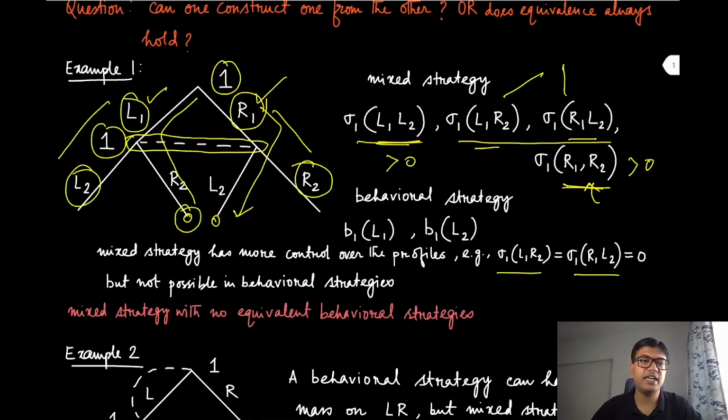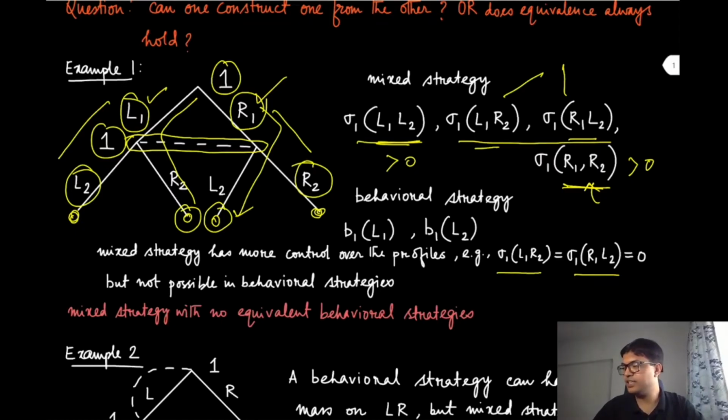You cannot really ensure that these two numbers become zero while these get positive masses, and that is the difference. So we cannot represent this kind of mixed strategy in the form of a behavioral strategy. There is no equivalent behavioral strategy for this mixed strategy.